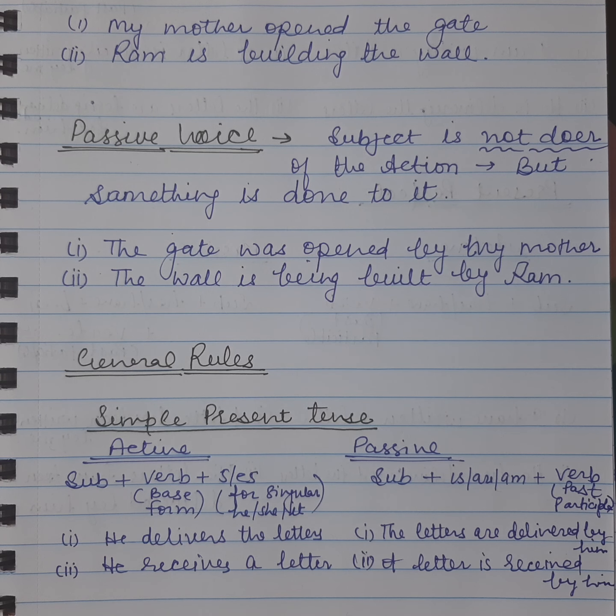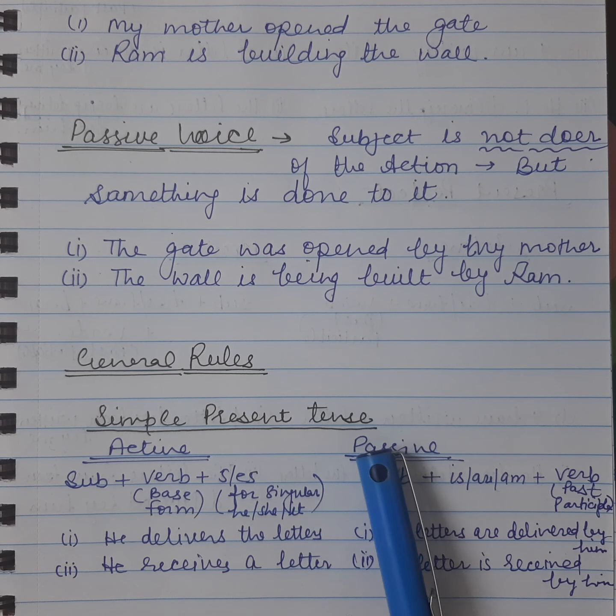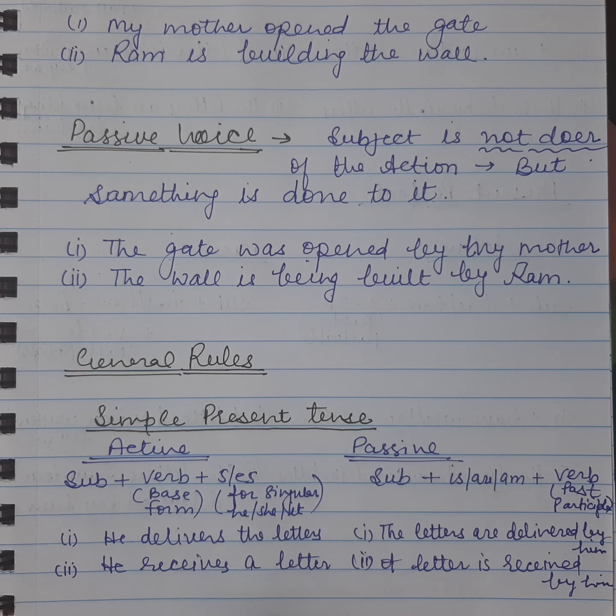So for example, he delivers the letter. This sentence is in simple present tense. If we have to convert this sentence into passive voice, in passive voice the subject comes first. The subject in passive voice will be the object of active voice. So he delivers the letter.